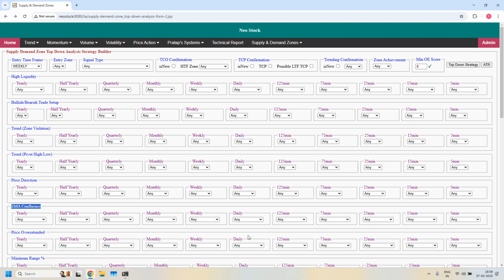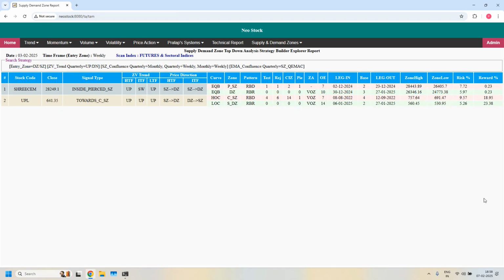So in the EMA confluence, quarterly time frame, quarterly supply zone having quarterly EMA confluence. And trend on the quarterly time frame should not be sideways, it can be up or down. With these filters, we got two stocks. And both these weekly supply zones are pierced supply zones.